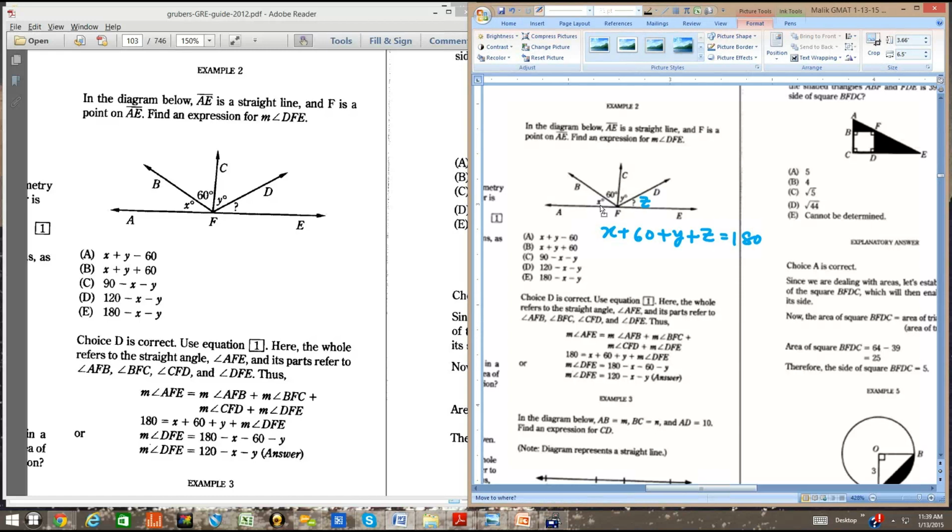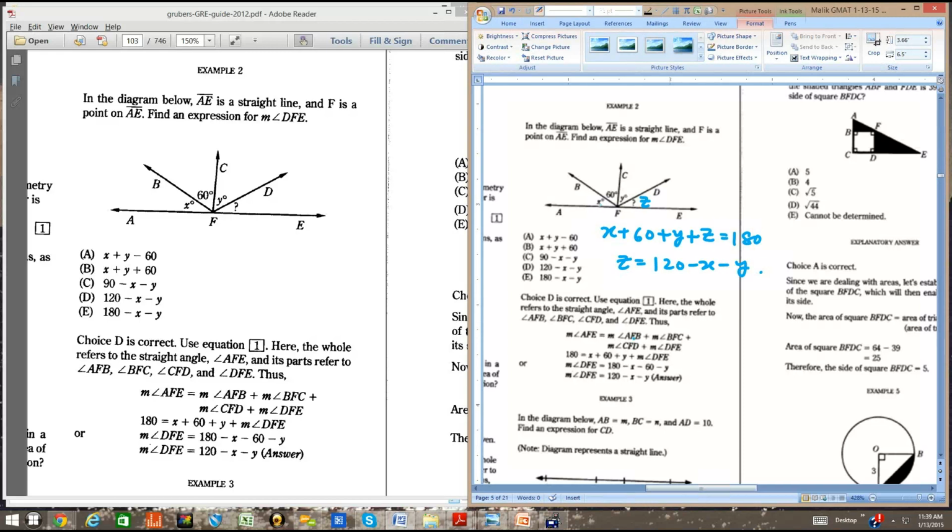To find what z is, you just subtract all these things from that, and z will be 120 minus x minus y. That's it. A lot of times you should be able to find things by subtracting what's remaining.